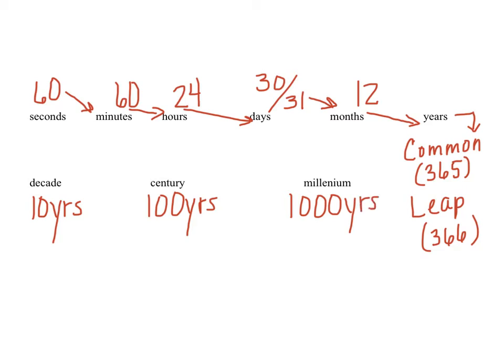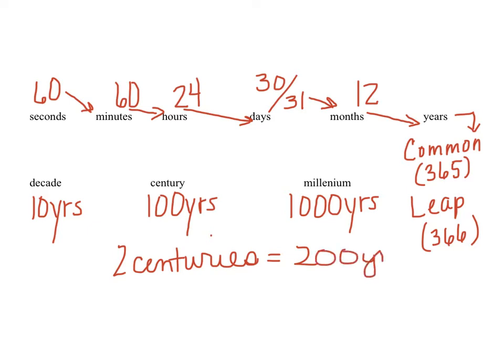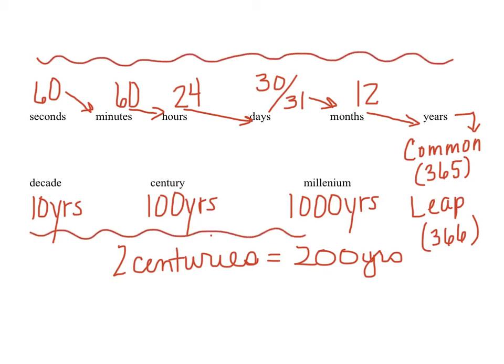So if you were to say 2 centuries ago, that would equal 200 years because each century is 100 years. So those are your measuring times. So long as you're familiar with those, you will do just fine.